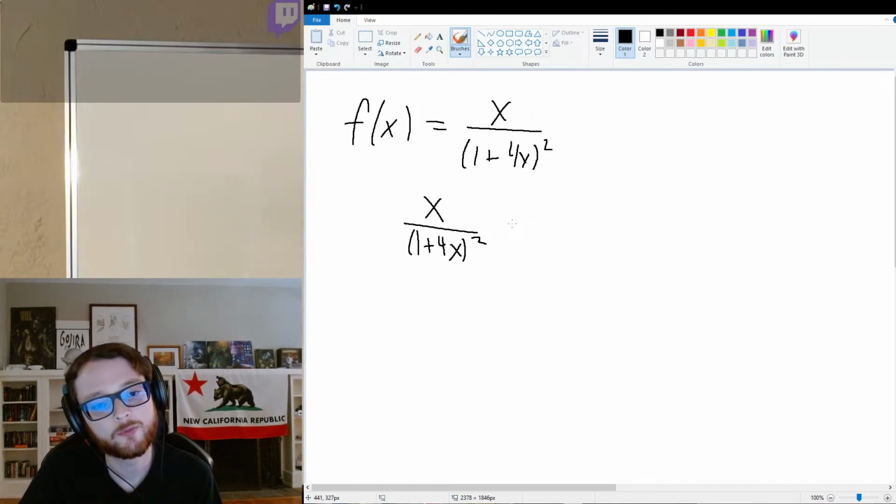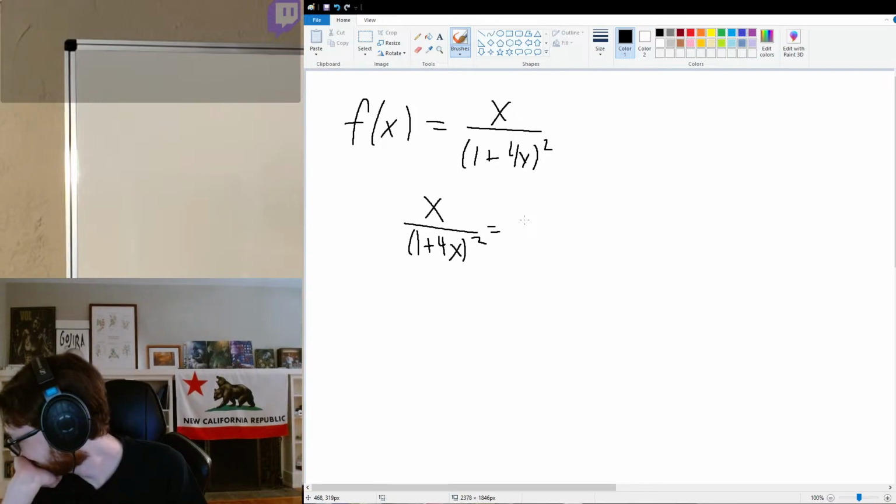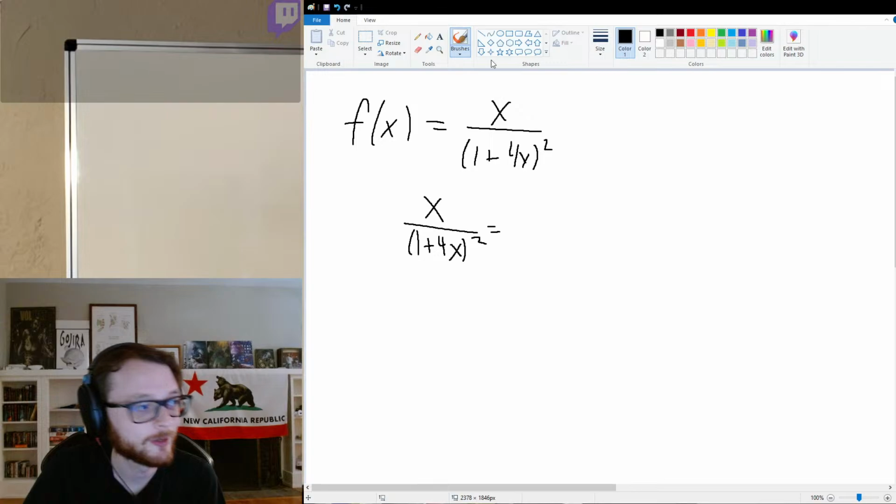Well, is this even going to help us that much? Yeah, it will. Will it? I don't think partial fraction is going to help us.